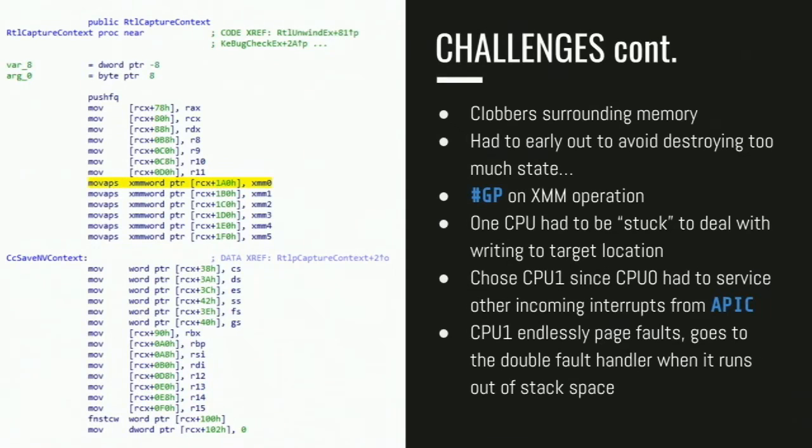In this particular case, we wanted to attack g_CiOptions, which is the code integrity variable in Windows, because we want to load a driver. But we don't want to continue the bug check process, because that would completely destroy system state, and by the time we actually run kernel code, recovering the entire system would be very difficult.